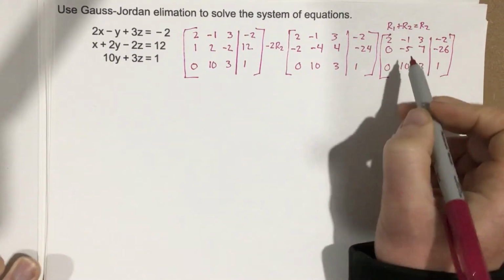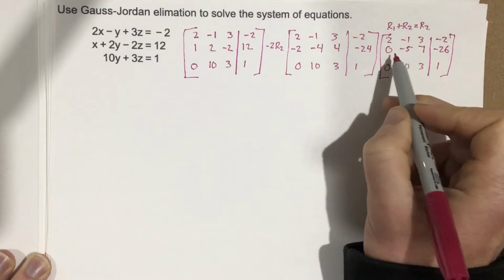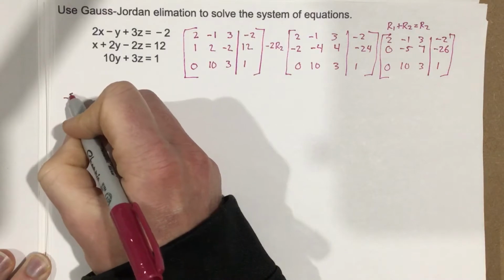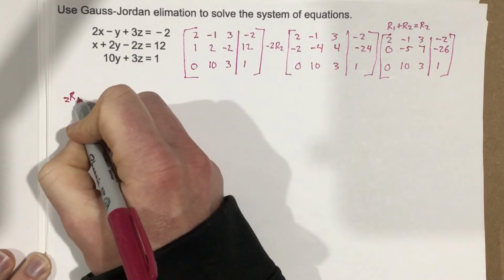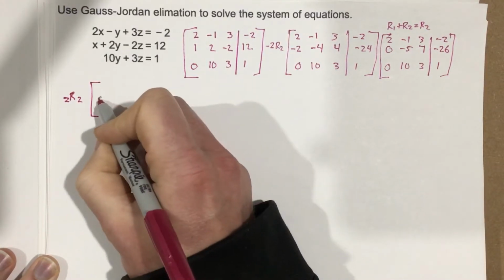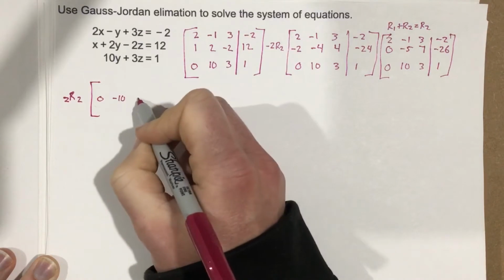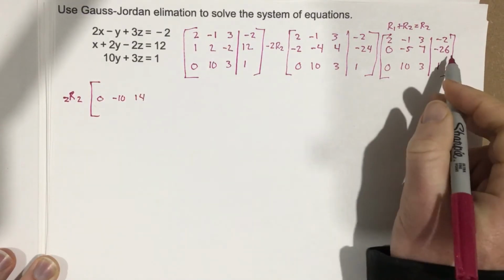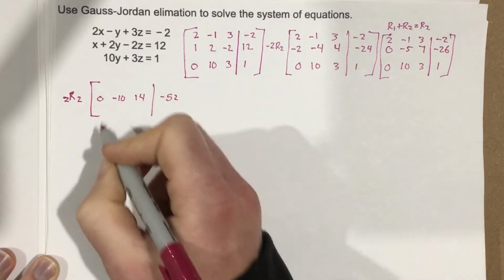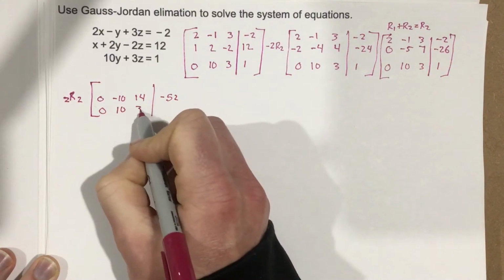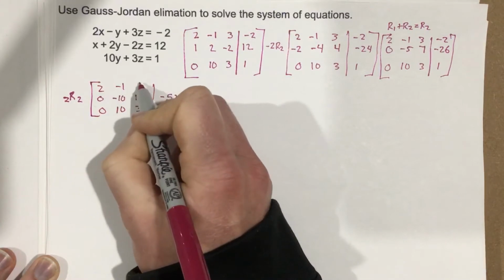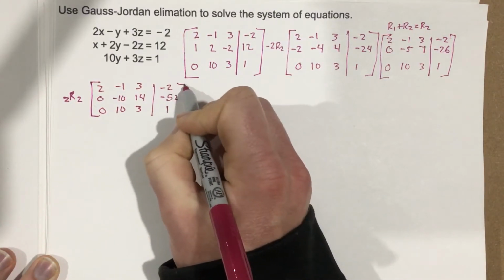Now I need to cancel this one on the bottom to be 0, so I'm going to multiply the middle row by 2. So we're going to say 2R2, and when we multiply 2 times R2, we're going to get 0, -10, 14, and then we're going to multiply -26 by 2, that's -52. And this will be 0, 10, 3, 1 on the bottom, and we get 2, -1, 3, -2 on top.